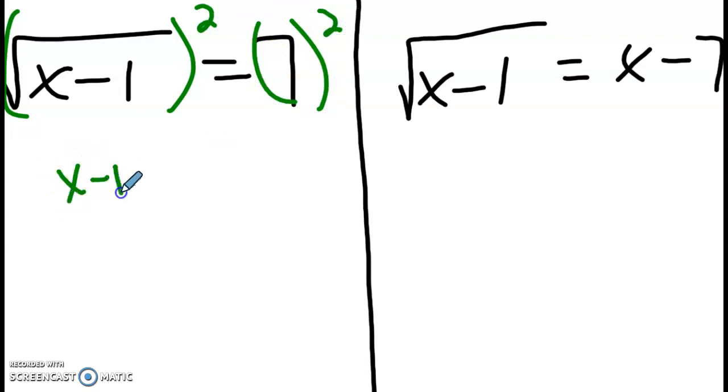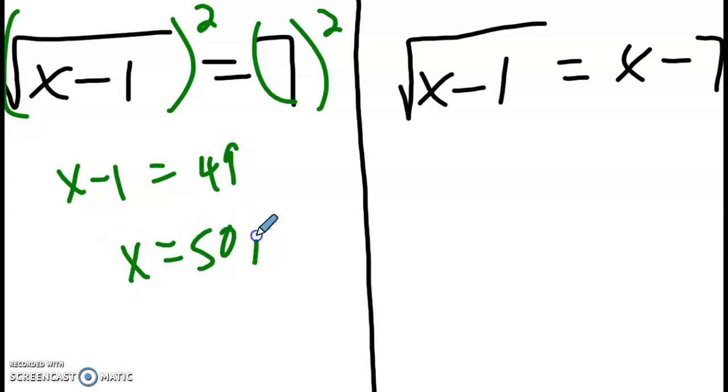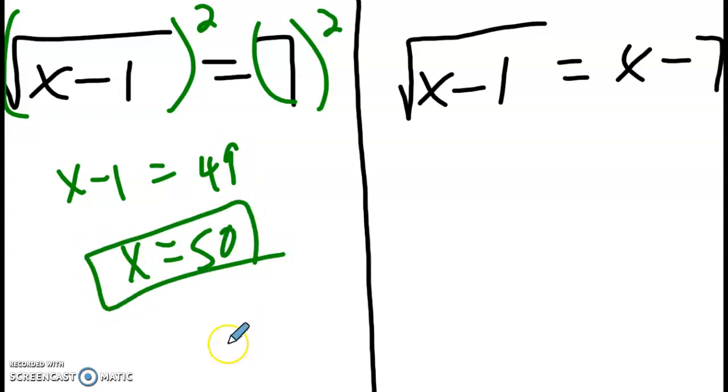This gives me x minus 1 equals 49, so x is 50. Always check square roots to make sure you don't get a negative under the square root. If I put 50 back in here, 50 minus 1 is 49. The square root of 49 is 7. I'm convinced.